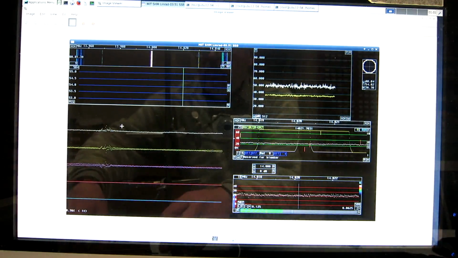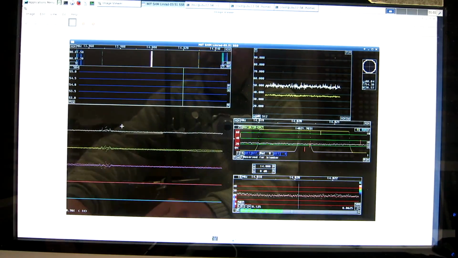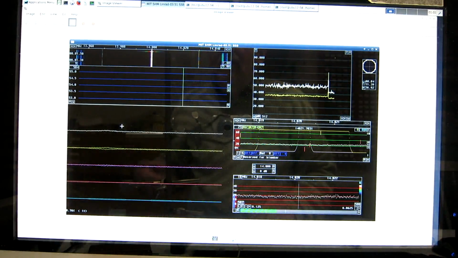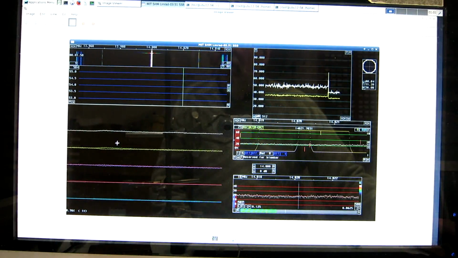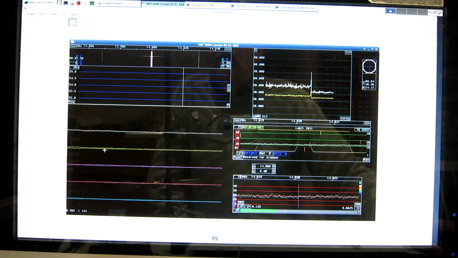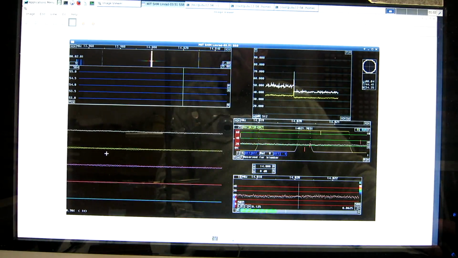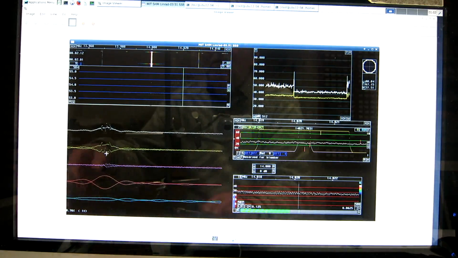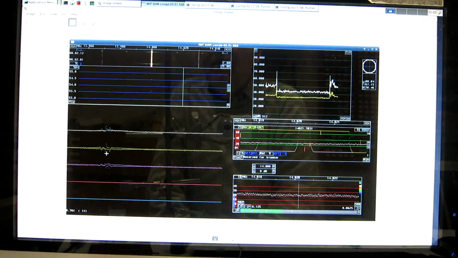When I switch off the pulse generator again, you can see there is a problem here also. I don't know the cause of it. It looks like a problem with the sound card. But here you can see it is a little bit more when the blanker is running.